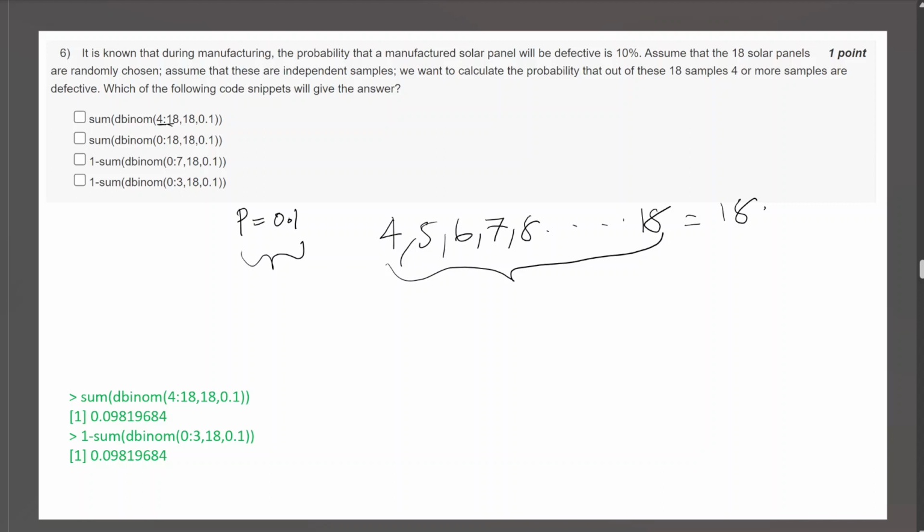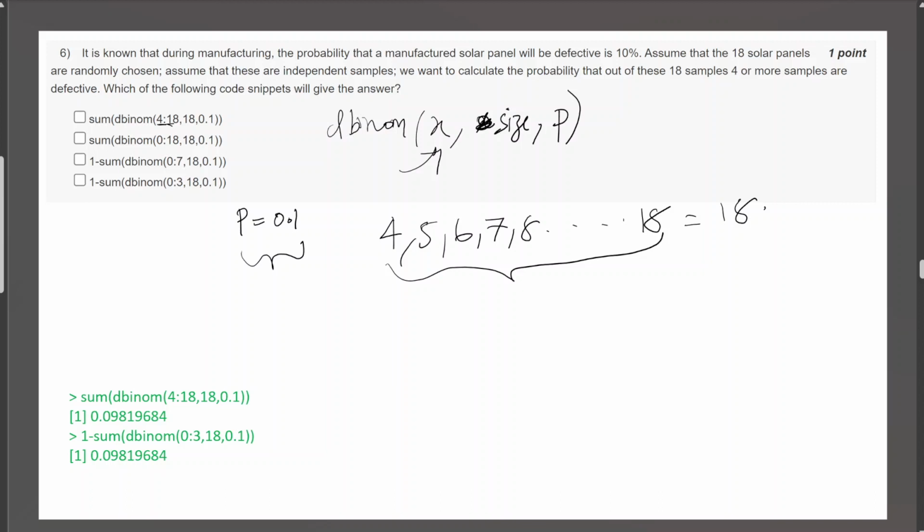In dbinom, the first argument is the number of successes, then size, and it gives the probability. This is the syntax. Here we have specified the number of successes from 4 to 18, like 4 samples being detected as defective up to 18 samples being defective.